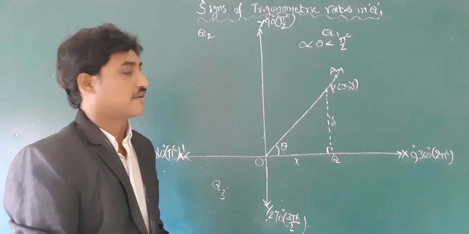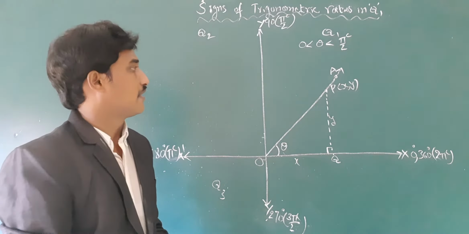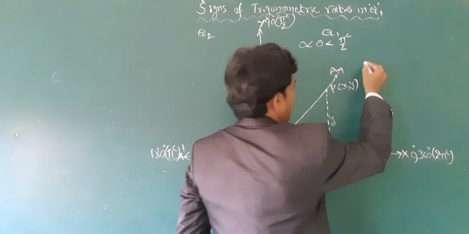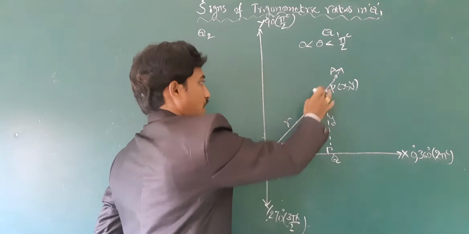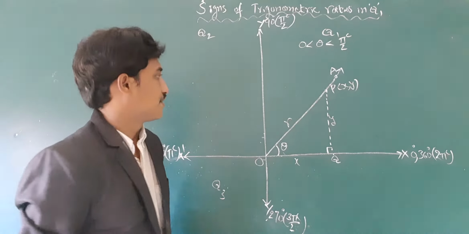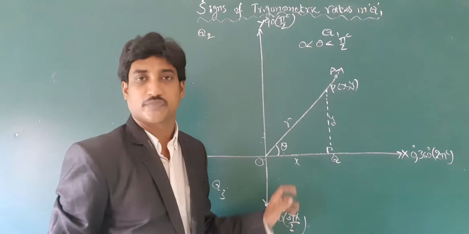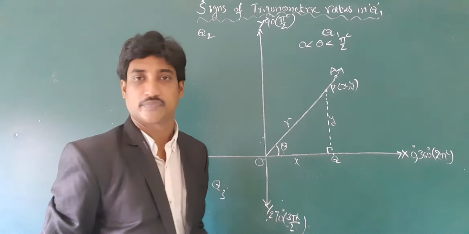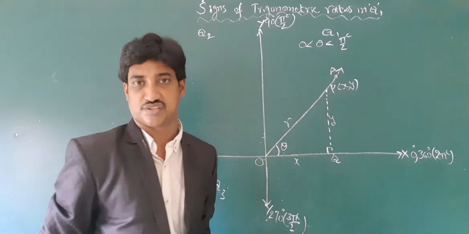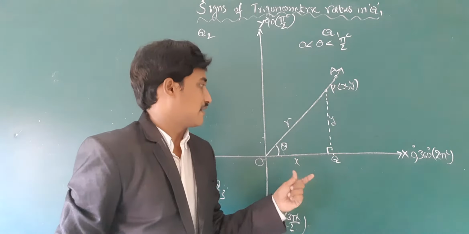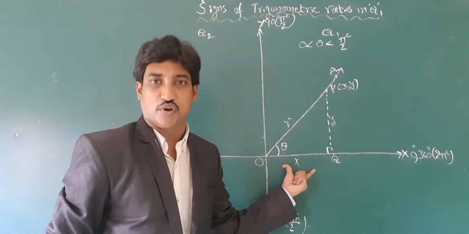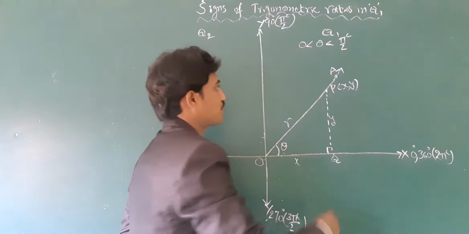We can write trigonometric ratios. We know sin theta is Y by R. If we take OP as R, sin theta is equal to Y by R, cos theta is equal to X by R, tan theta is equal to Y by X. First of all, this X is towards the positive X axis, so X is positive.